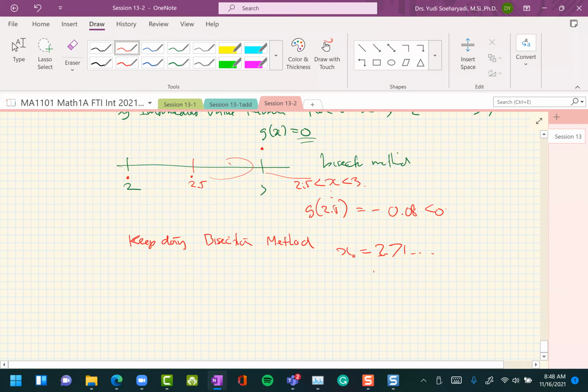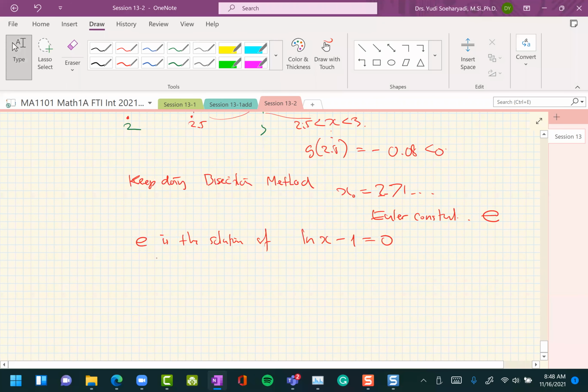That is what we call the Euler constant, and this is what we call the number E. So E is the solution of ln of x minus 1 equals 0. So E is the base of the logarithm.